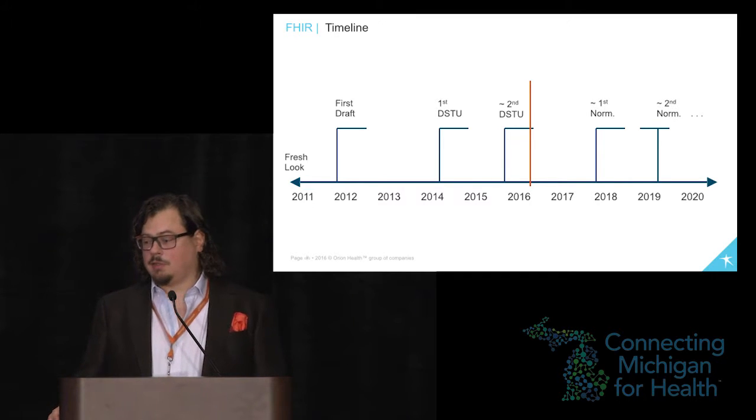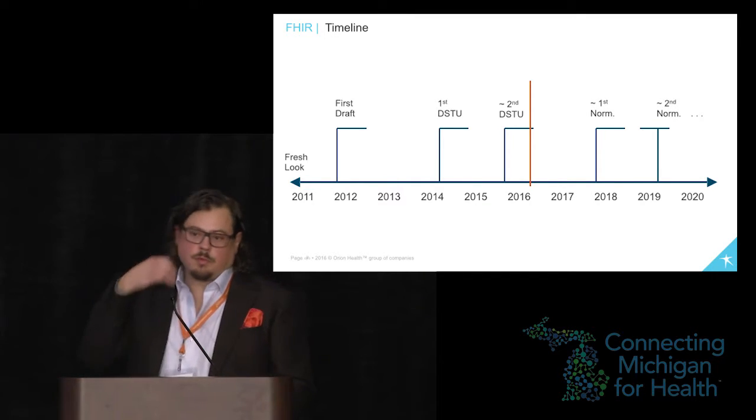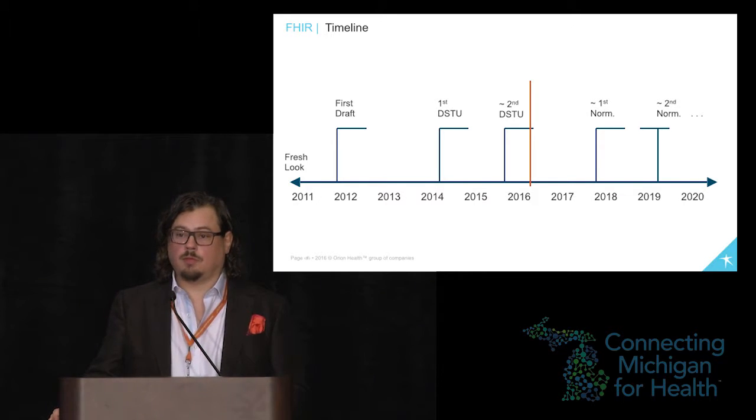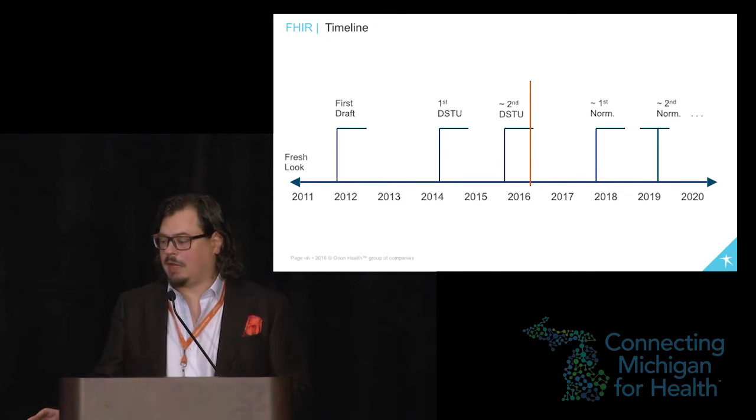But then just a few Connectathons later, we had draft standard for trial use number 2. And that had extended a lot of the things. They made some course corrections with that, so some of the underlying technologies were abandoned or realigned at that point.